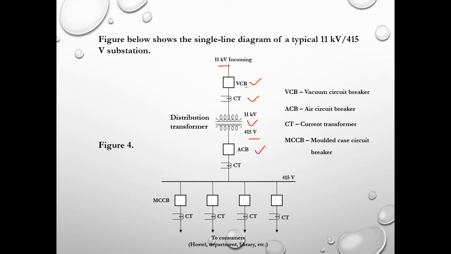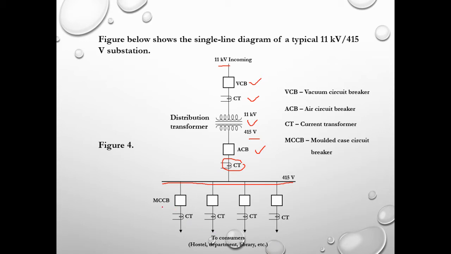So the vacuum type is applicable for 11 kV, and the air circuit breaker is more suitable for, or complies with, the 415 volt operation. Another CT in order to read the rating current, and we have the bus bar over here for 415 before being distributed to several consumers. We have hostel, department, library, all the big buildings.